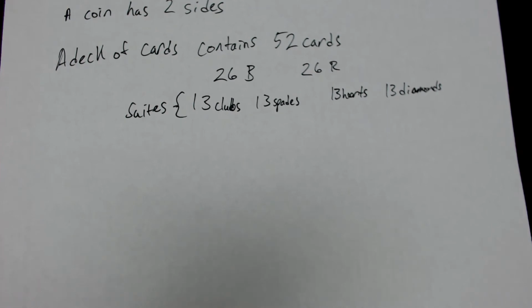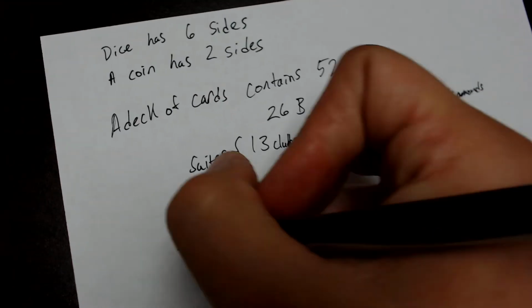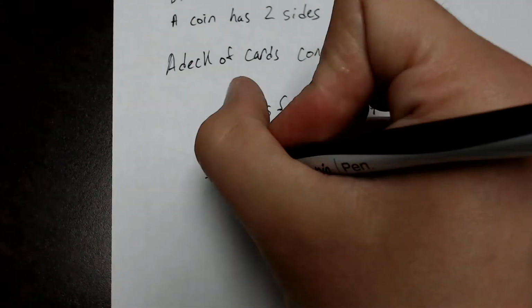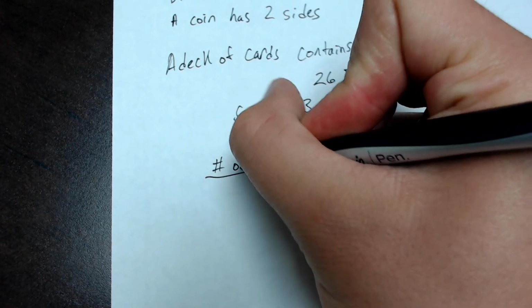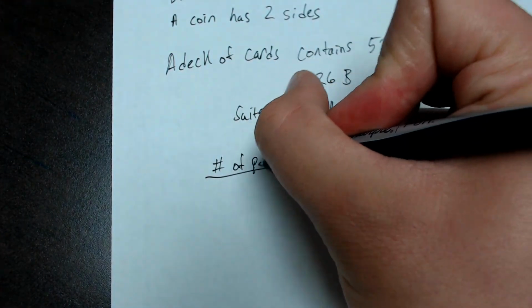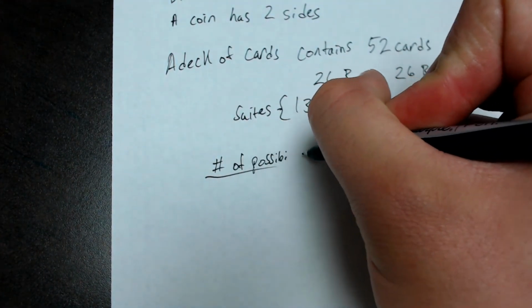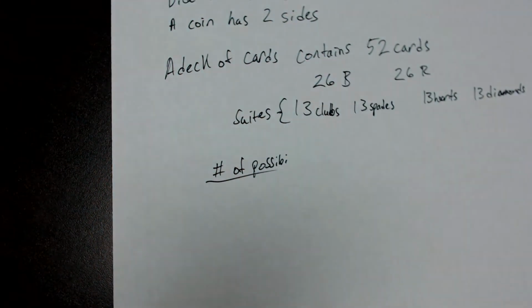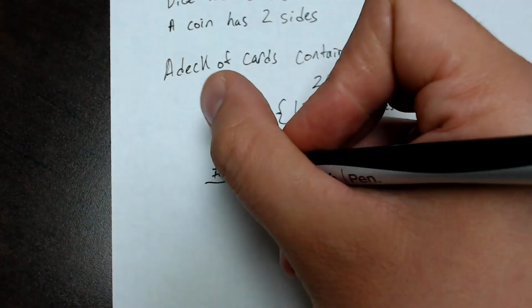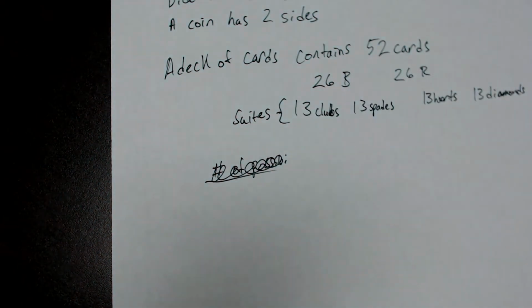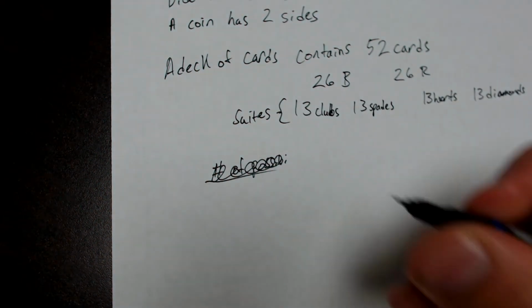Now, all of this information is important for probability because the key to probability is this fraction. Let me start over. Different color. Let's go with blue.